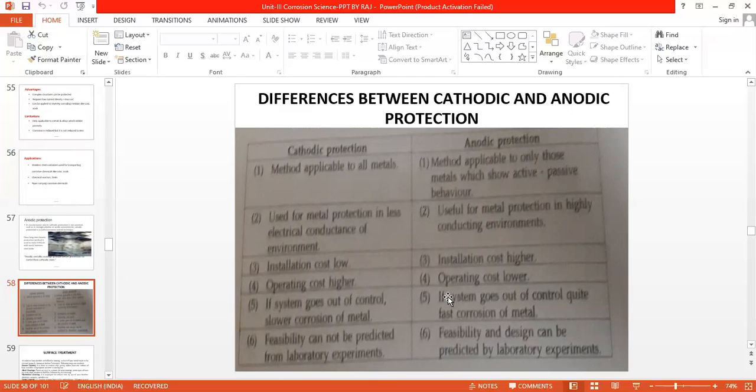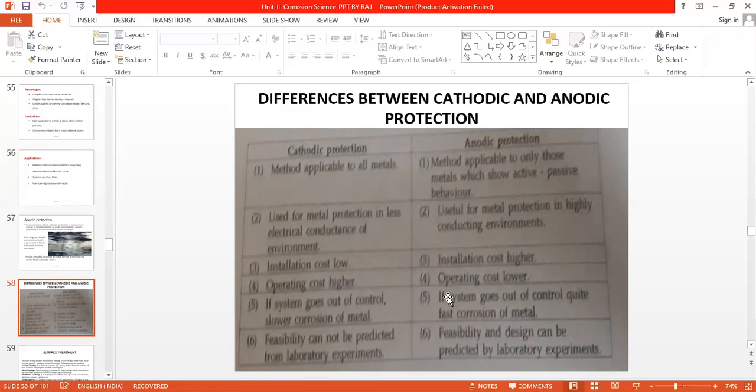In case of anodic protection, if the system goes out of control, there is quite fast corrosion of the metal which is to be protected. And the last point, in cathodic protection, feasibility cannot be predicted from laboratory experiments, whereas here, feasibility and design can be predicted by laboratory experiments.